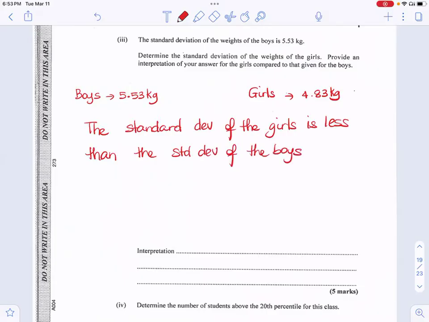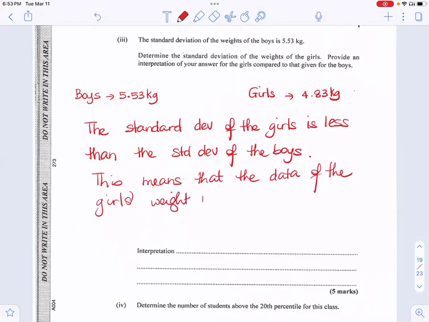Well, that is obvious, because the figures are less. A smaller standard deviation means that the data is less spread. This means that the data of the girls' weights is less spread out compared to the boys.